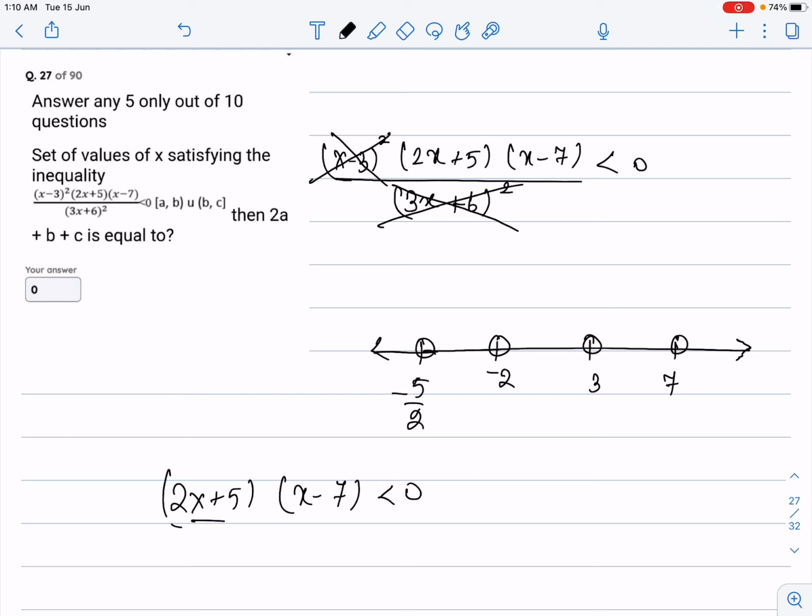So guys, you might be remembering, you would have to come in between minus 7 and minus 5 by 2. No, plus 7 and minus 5 by 2. So in between these two things, the answer will always be negative. That means it's like this. Am I clear to you? Hope you guys would have got my point. And here it will be positive. From upside it will be coming, and here also it will be going to upside.